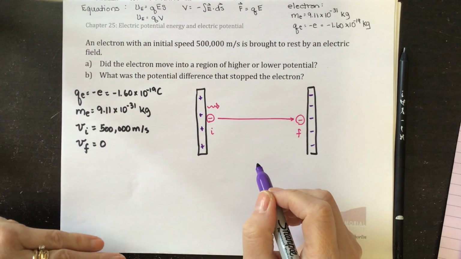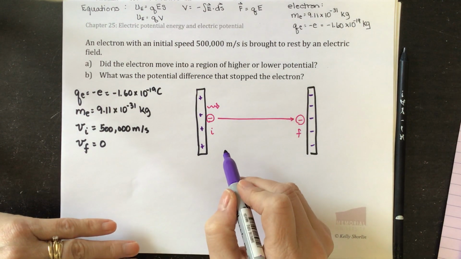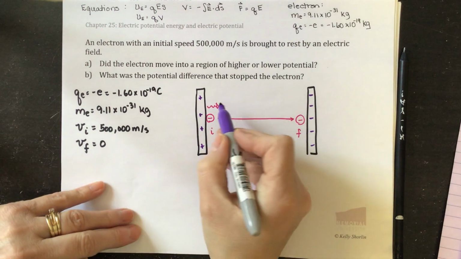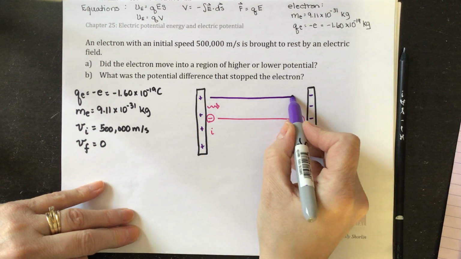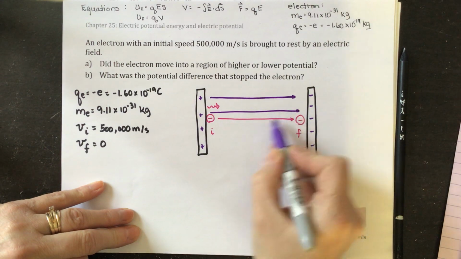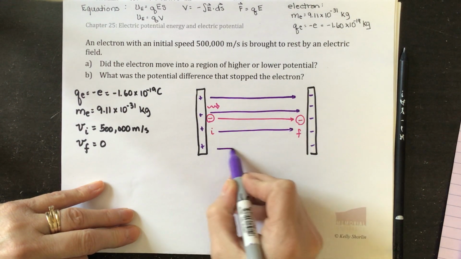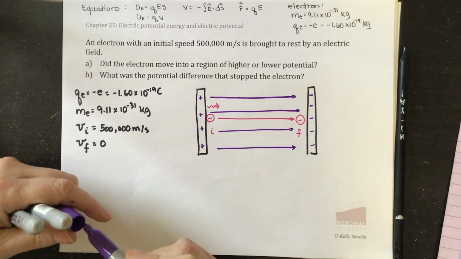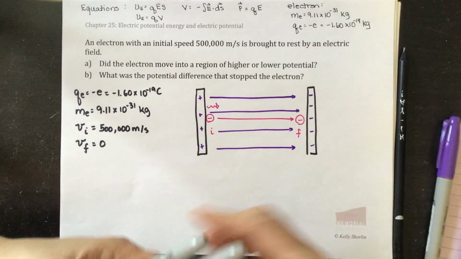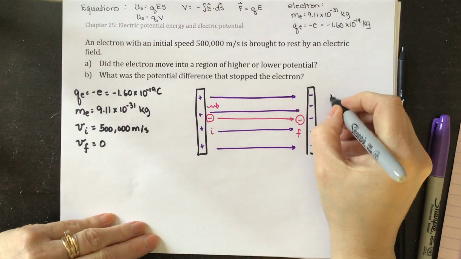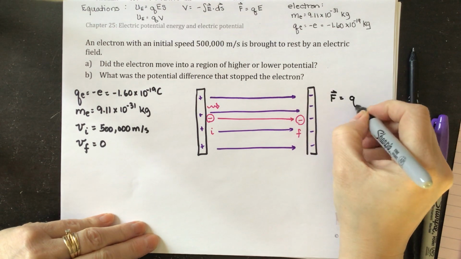Okay, we've got those plates labeled. We know that electric field points from positive to negative, so the electric field in this picture points this way. And we know that the force on our charge, F equals Q times E.